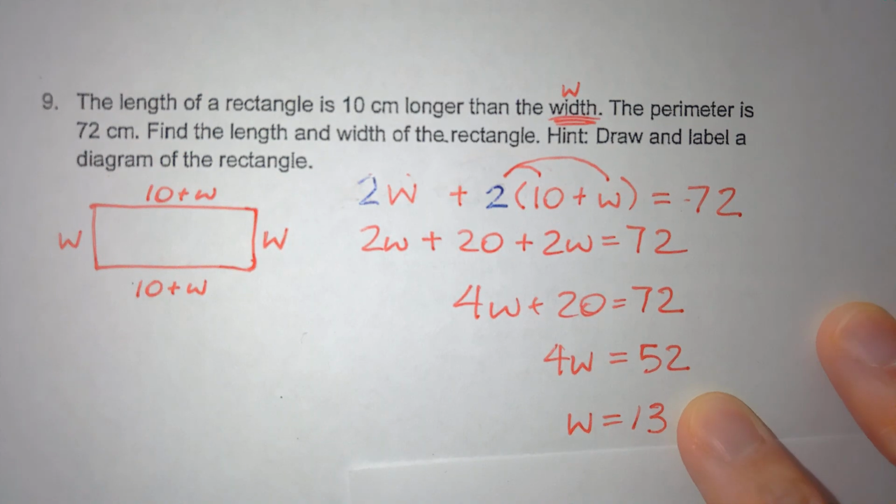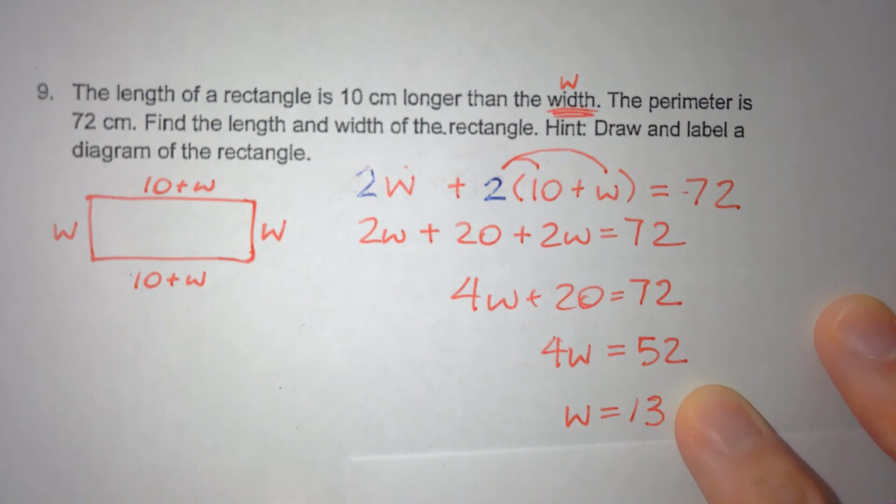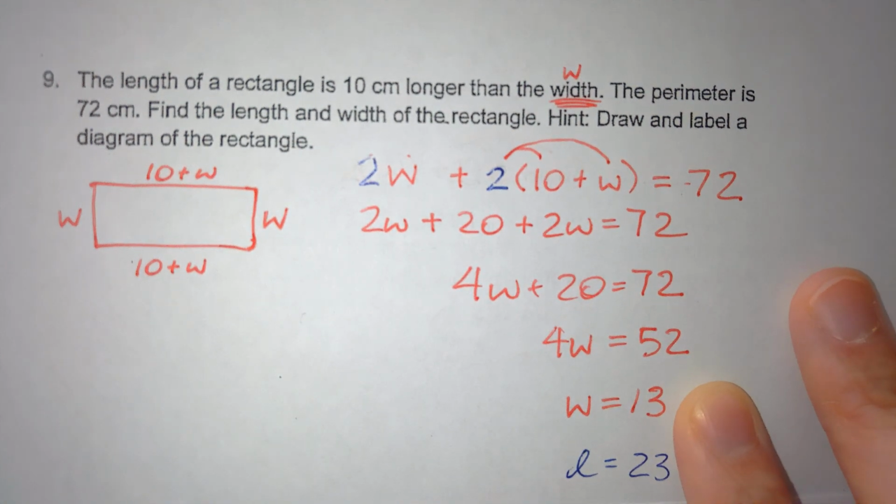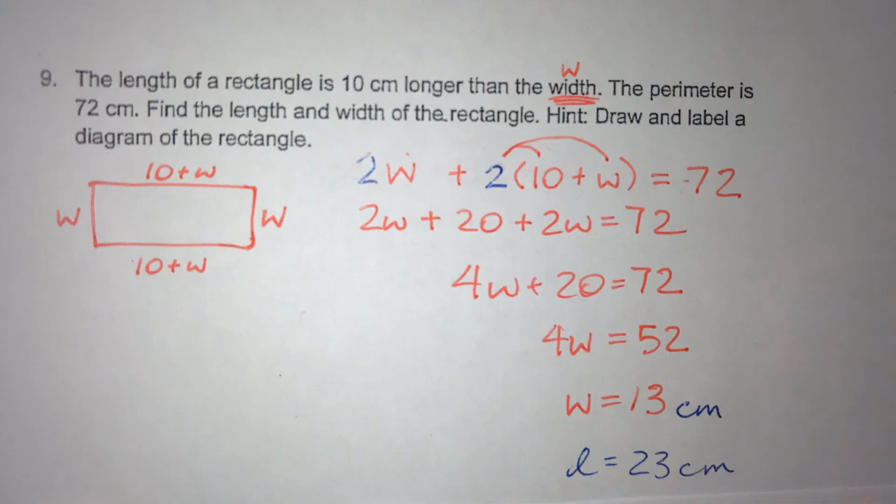No. Kavya? W equals 13 and then L equals 20. What is that? Yep, units, which is centimeters. So you got part of it, but don't forget units, word problem. If my answer is correct, what should these add up to?